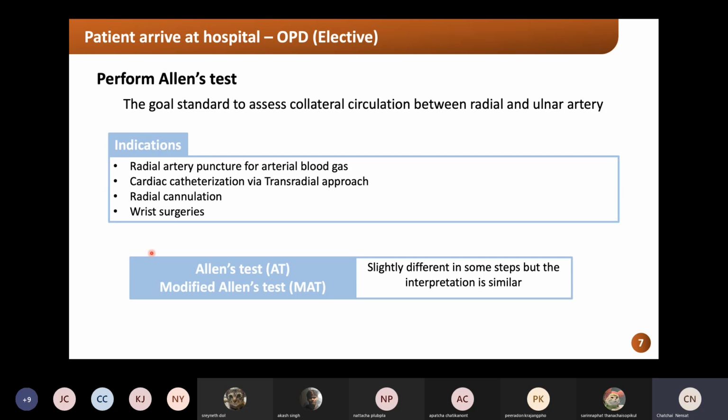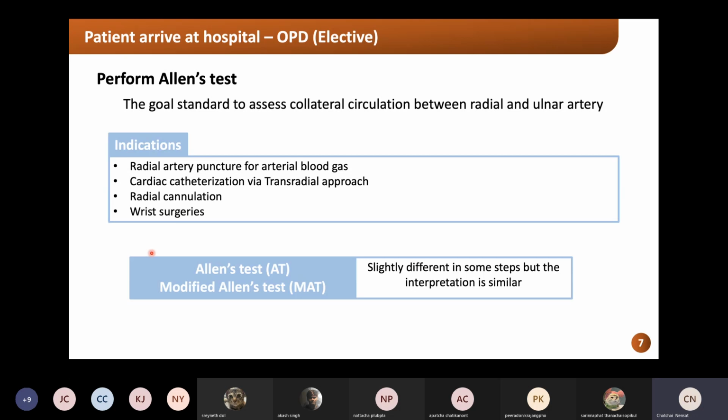So we have to test that when we block or insert the catheter through the radial artery, the peripheral blood perfusion beneath the radial artery to the thumb and index finger is normal, with collateral circulation from the ulnar artery. The Allen test is the best way to examine this.